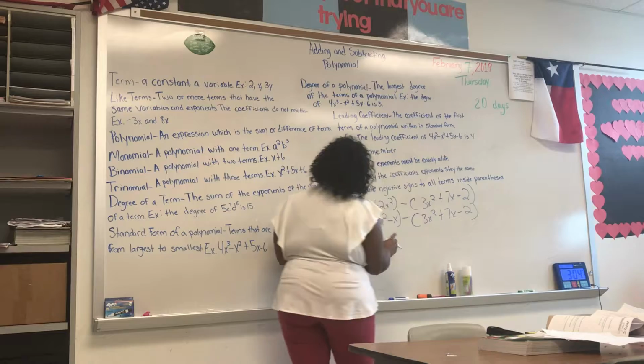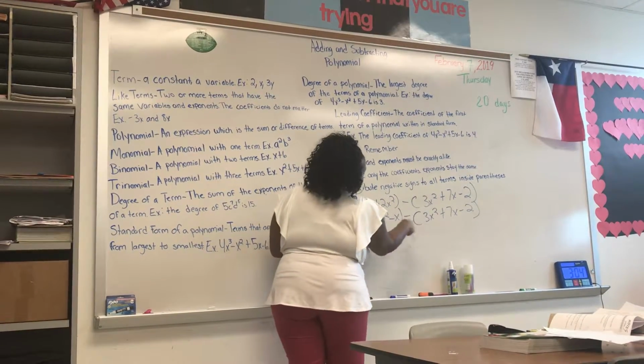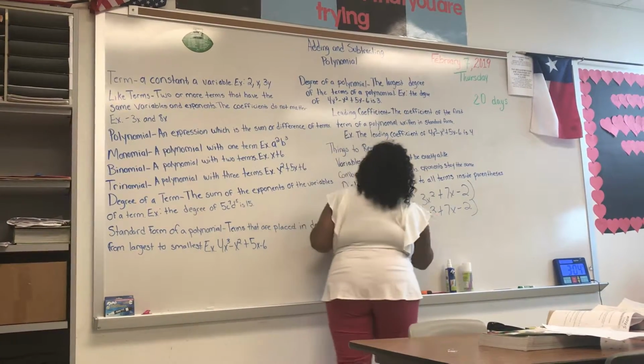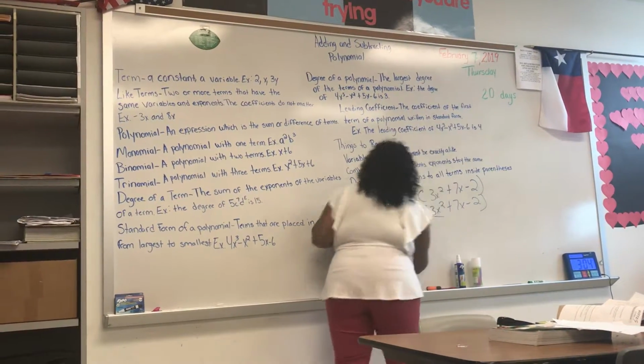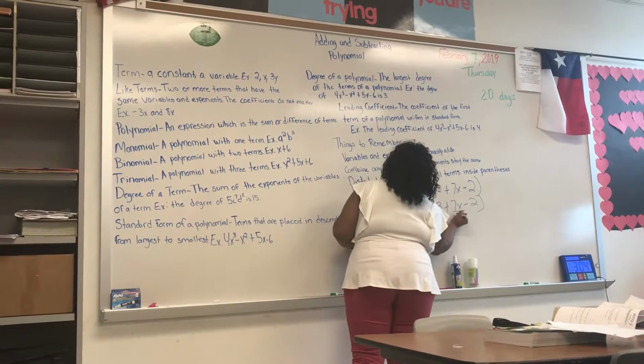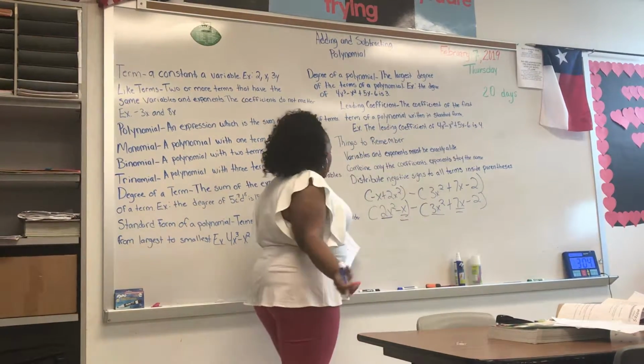All right, so then we're just going to do our numbers. We're going to add our numbers. For this one, we don't have as many to do, so we're just going to do our like terms. 1 by that one, 2 by this one, and the 2 gets to be by itself.